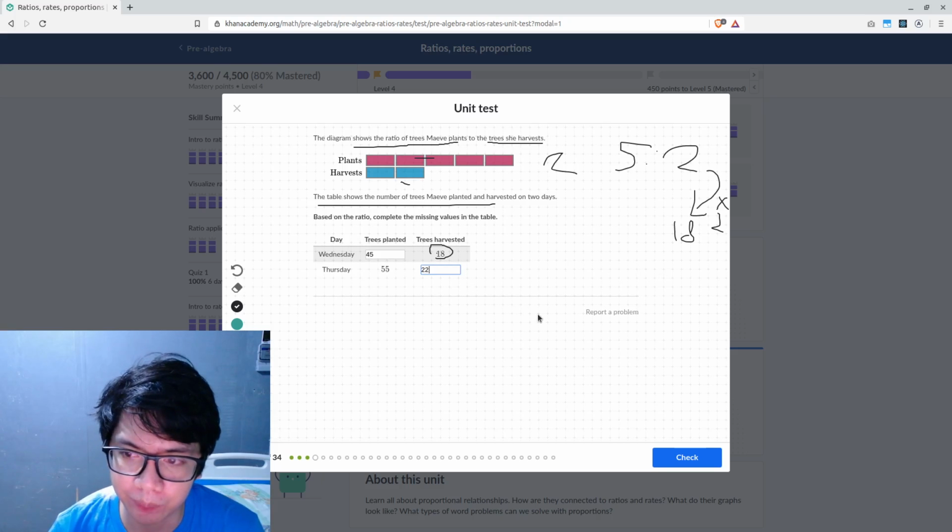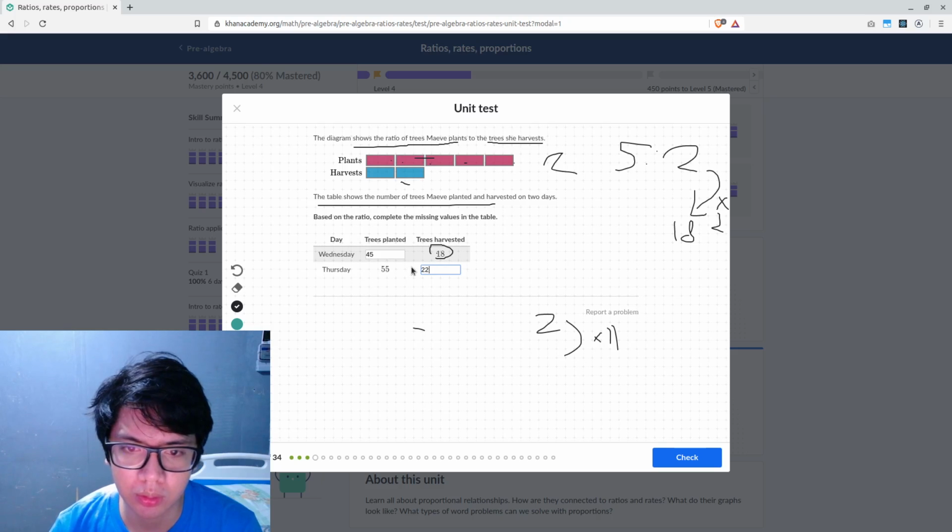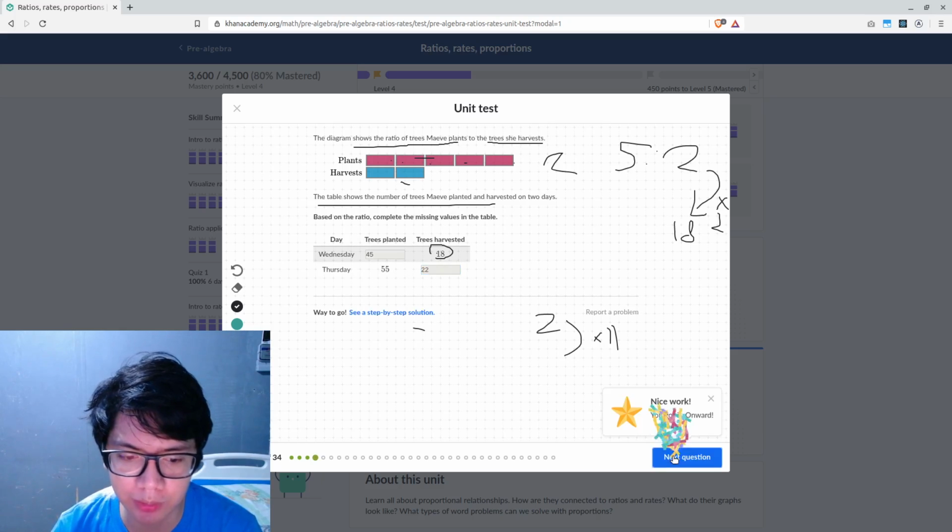And from 2 to become 22, you get 11. So times 11, 5 times 11 is 55, 22. Oh my god, I'm getting so paranoid right now. 11. Okay, but I'm sure about that.